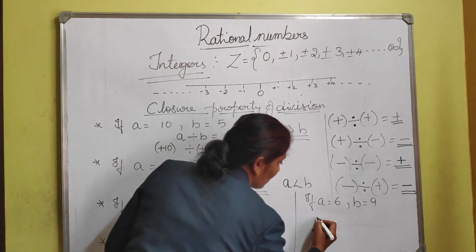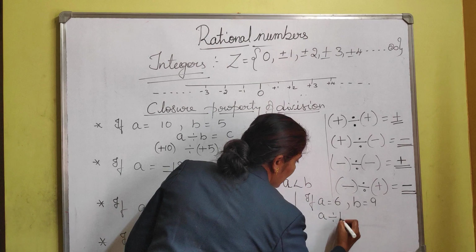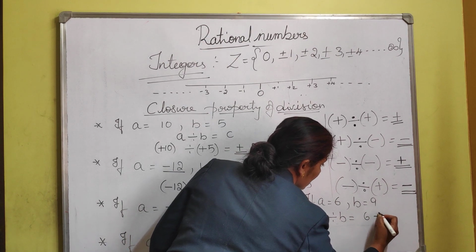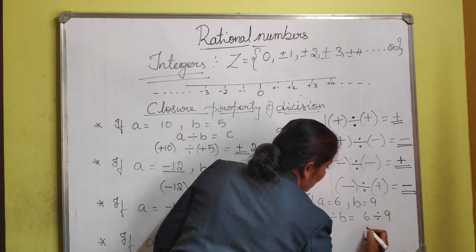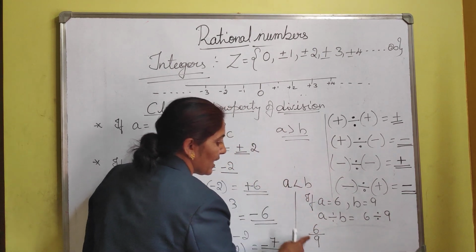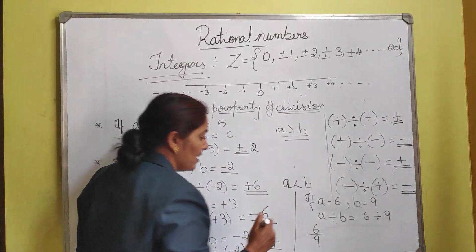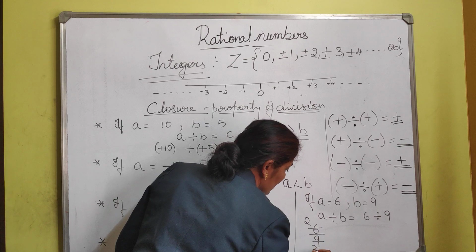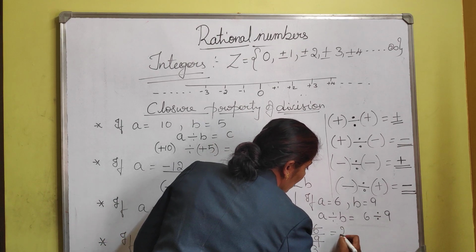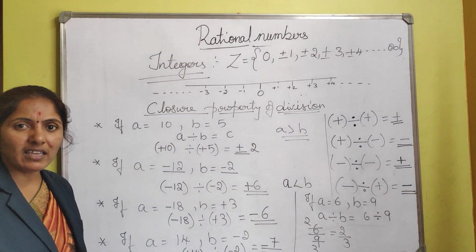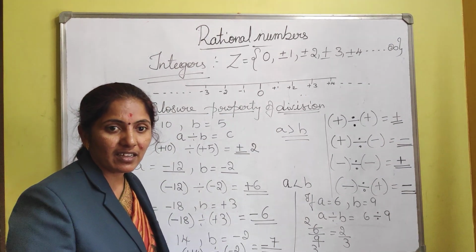But what do we get? Let us check here. A divided by B is 6 divided by 9, which I can write as 6 by 9. 6 and 9 are multiples of 3. Dividing, 3 twos are 6 and 3 threes are 9, which is equal to 2 by 3.